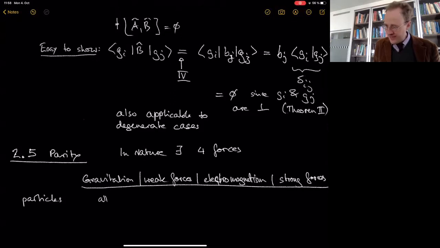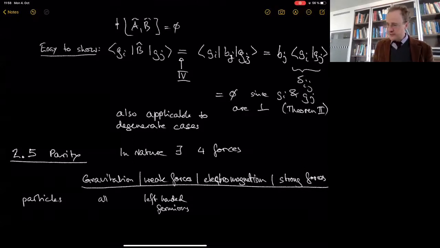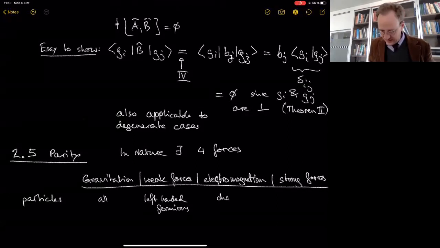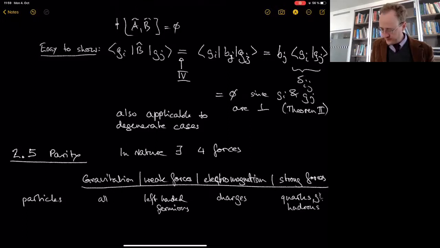The weak forces act on left-handed fermions. The electromagnetic forces act on anything charged. And the strong forces act on quarks, hadrons, gluons, that sort of stuff.